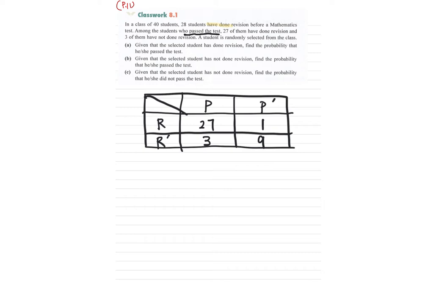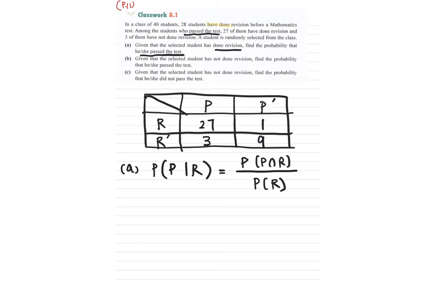Okay, so for part A, given that the student has done revision, find the probability that he passed the test. So for part A, given that this is a revision and then pass the test, it is something like this. By using the definition, we have to find the probability of revision, and then the probability of pass and also has done the revision.